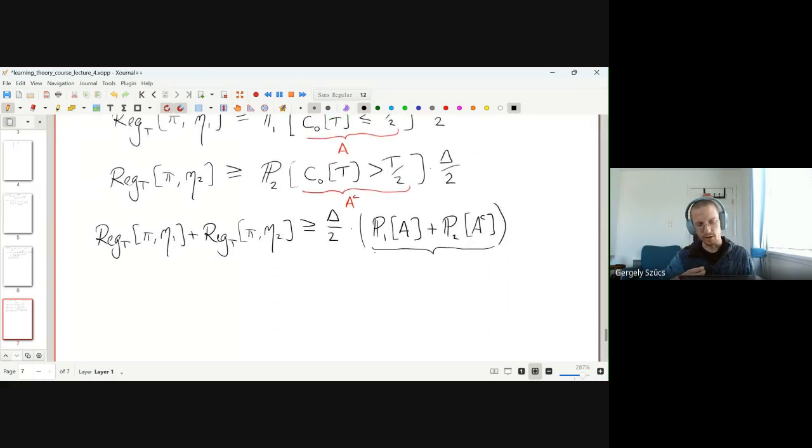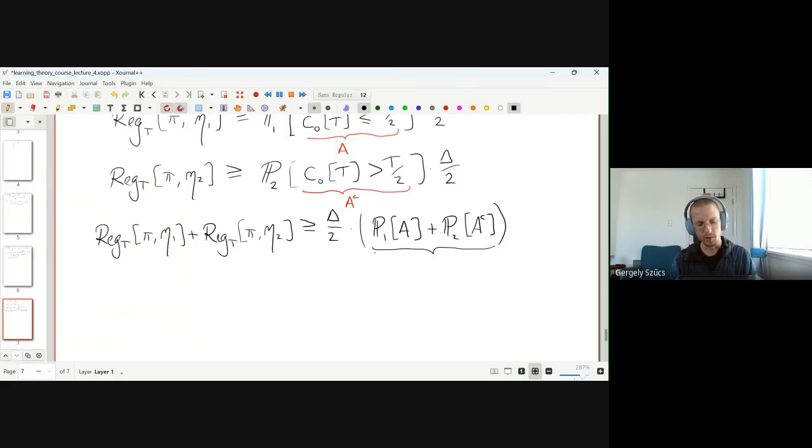So here's where it comes in: if eta 1 and eta 2 are similar enough to each other, like if P1 and P2 were the same, then the sum of these two probabilities would be 1, because they're probabilities of complementary events.